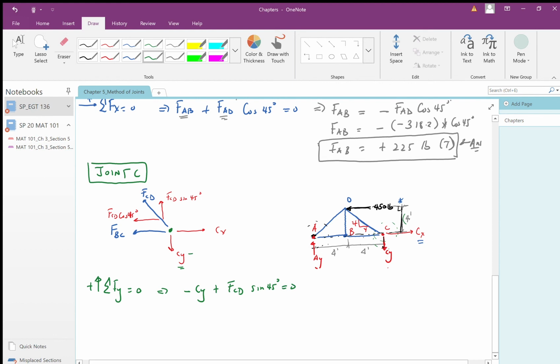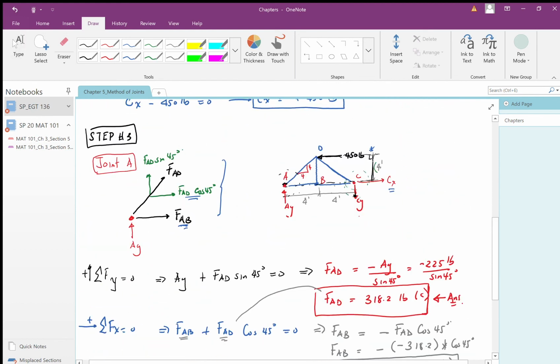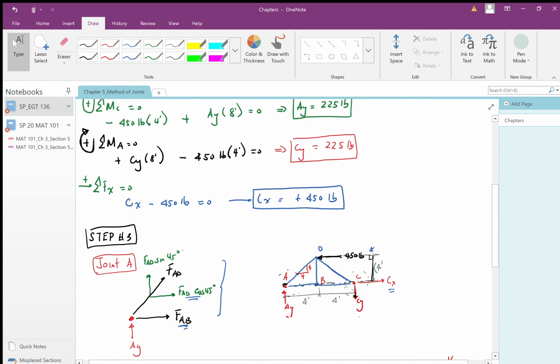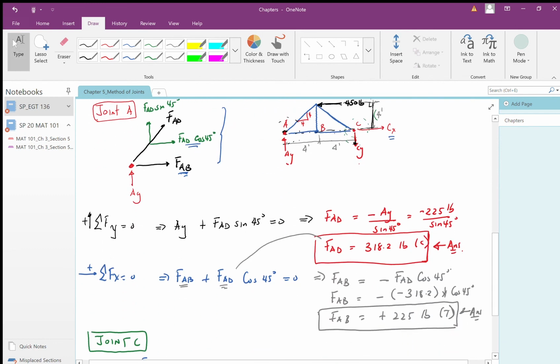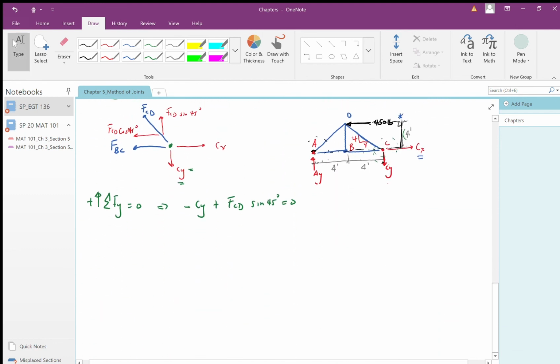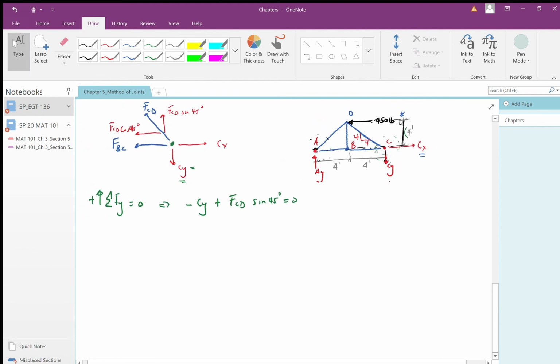Well, I know what CY is from my support reaction, right? CY was 225 pounds. So if I solve for FCD, it's going to give me positive CY over sine 45 degrees. And that's going to give me 318.2 pounds, and that's going to be in tension. Okay? Equals FCD.